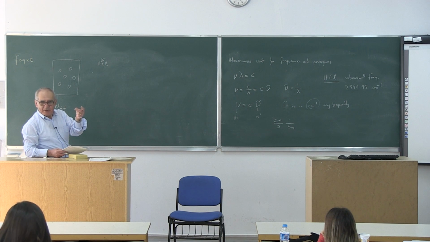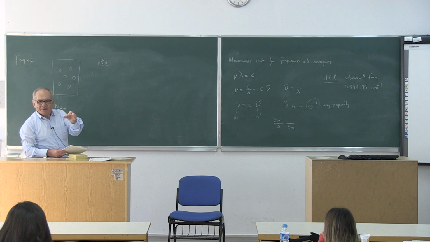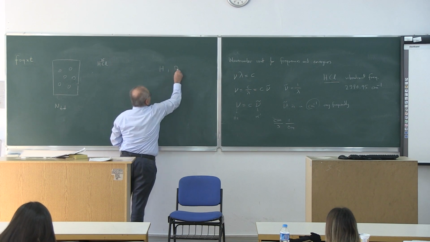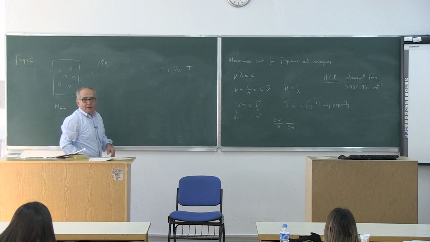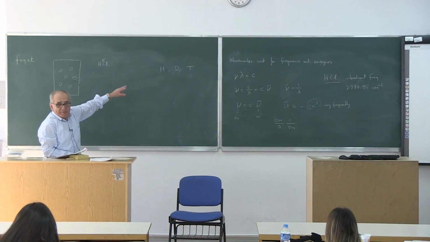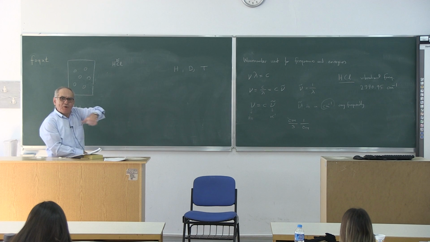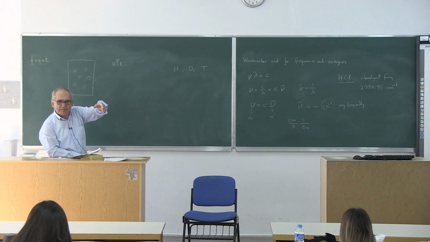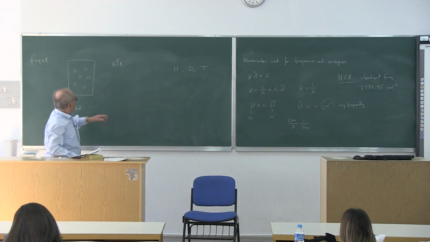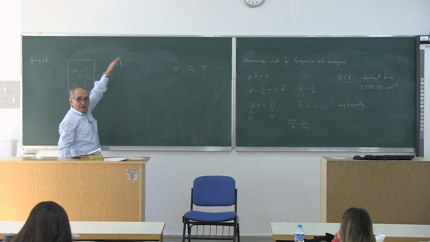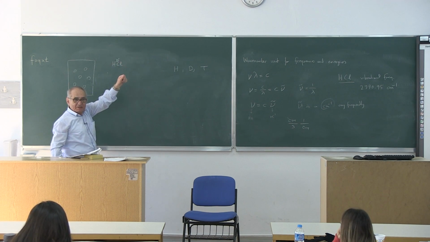But usually masses of hydrogen are indicated by different symbols: mass 1 hydrogen, mass 2 deuterium, mass 3 tritium. All other elements in the periodic table use the same symbol for different isotopes, for example chlorine, and then attach a left superscript, which tells us the mass number of the isotope.